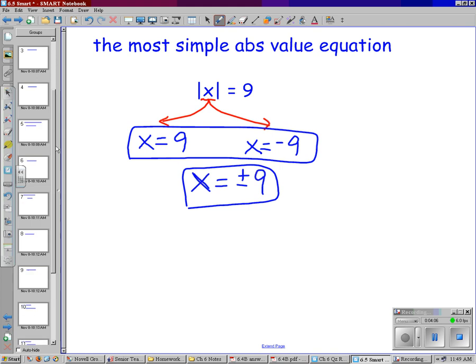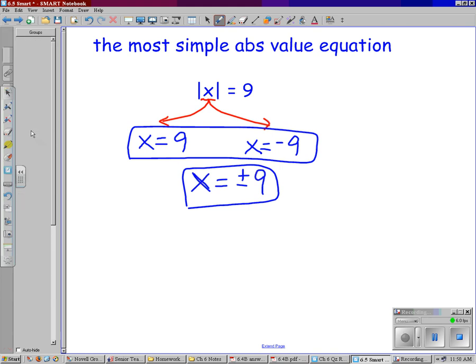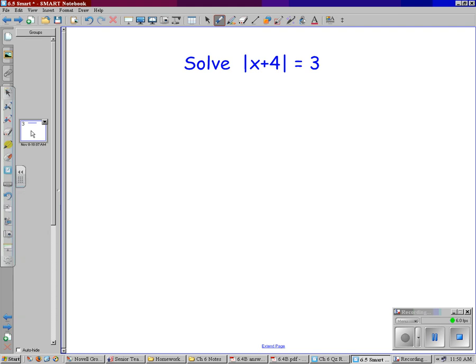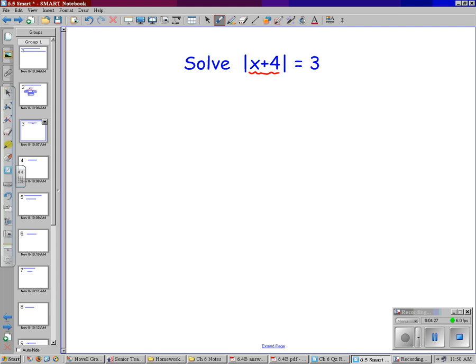All right, let's see what we have next here. Let's make it a little more difficult. The absolute value of x plus 4, that's inside the parentheses, equals 3. Now, just like I did with that absolute value of x equals 9, I'm going to underline what's inside the parentheses, or inside the absolute value bars here. I'm going to draw two little arrows to say we have to set up two equations.